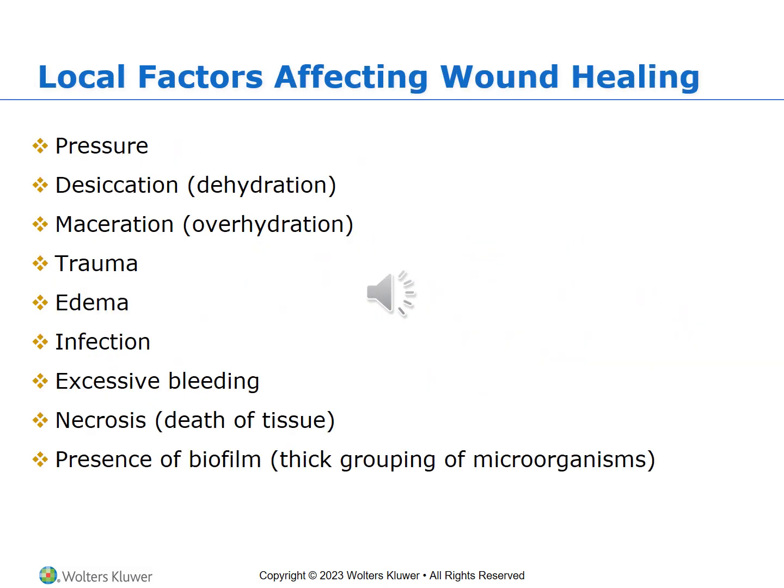All right, remember, always know the factors that affect our particular topic. So, local factors affecting wound healing begin on page 1157 and continue through page 1158. So, I will not read all these to you, but there's a paragraph on each, and I want you to read through them.